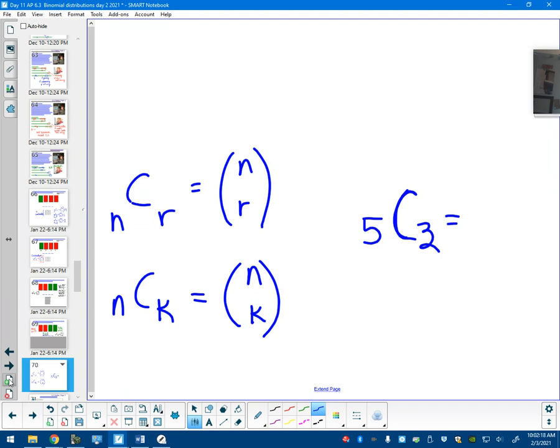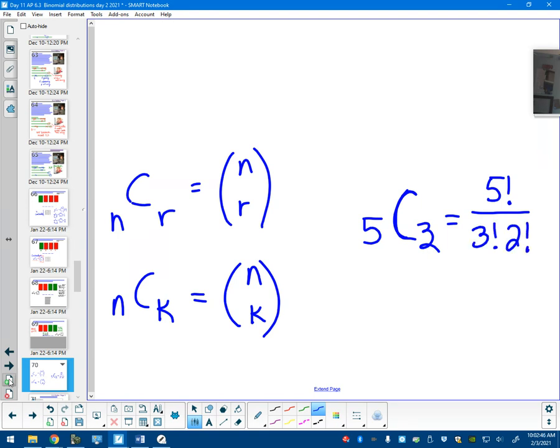Well, you could choose books 1, 2, 3, or books 1, 2, 4, or books 1, 2, 5, or books 2, 3, 4, or 2, 3, 5, or books 3, 4, 5, or books 1, 4, 5, or books 2... It goes on forever, right?